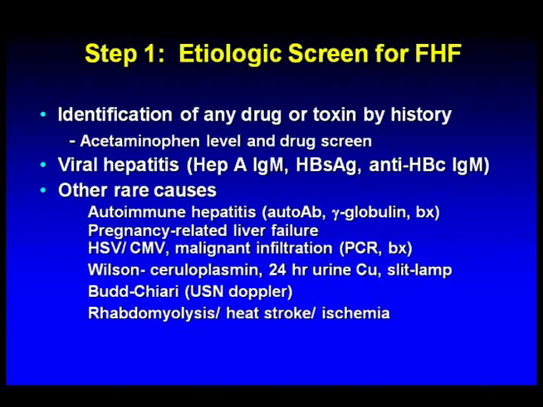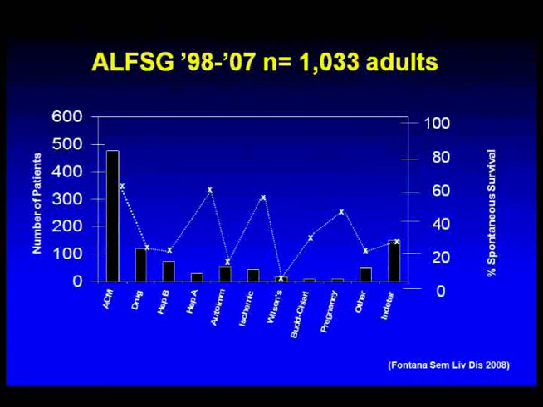Now, what doesn't work? We actually know more about what not to do. We don't want to give steroids in this group of patients as a non-specific anti-inflammatory, immunomodulatory therapy. They don't work, and in fact, they increase your risk of infections. Decontamination of the gut with poorly absorbed antibiotics doesn't help.